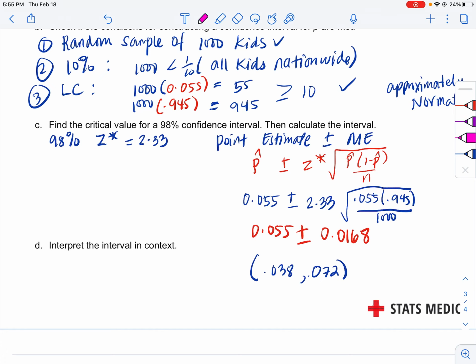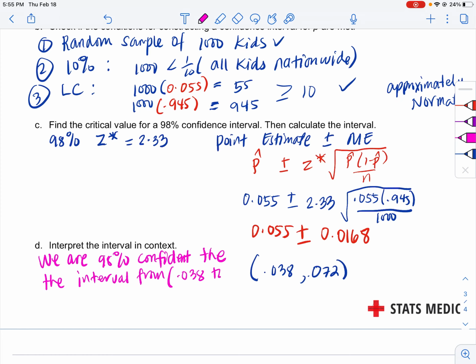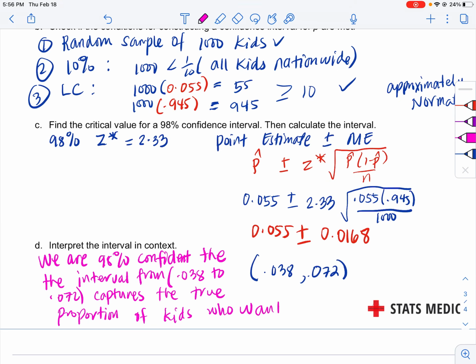We are 98% confident that the interval from 0.038 to 0.072 captures the true proportion of kids who want to be a doctor. There you go. There you have it.